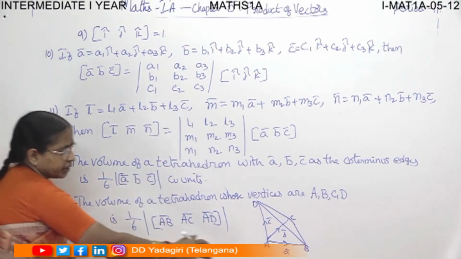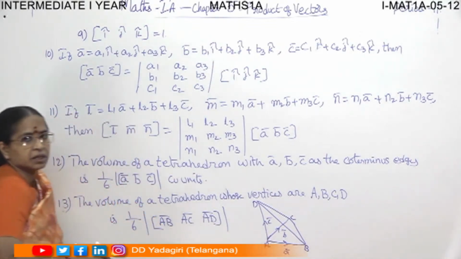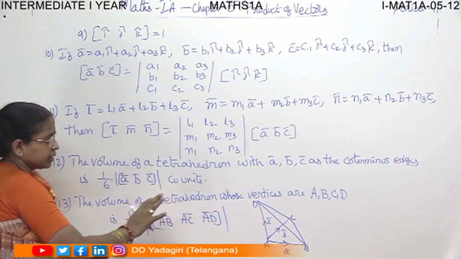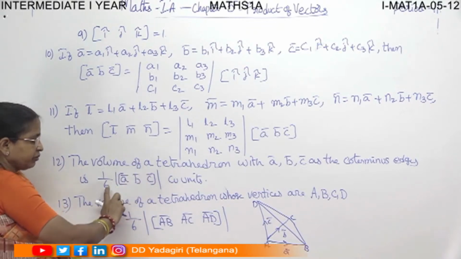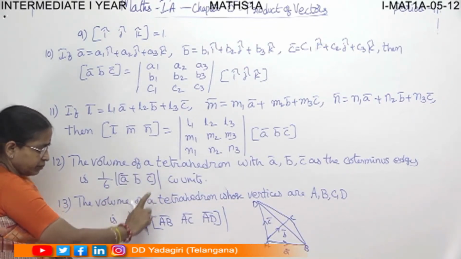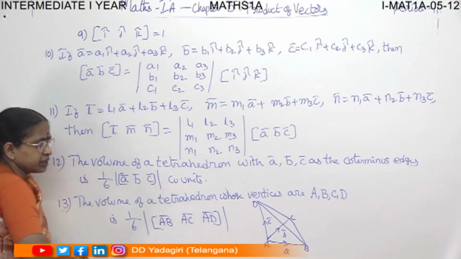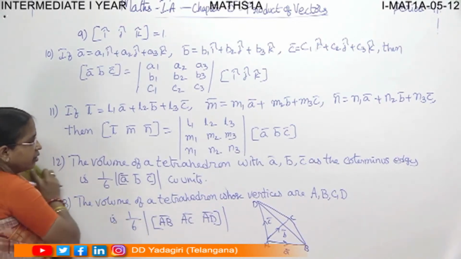Then the volume of a tetrahedron, as you know, the tetrahedron is a solid which has all sides as triangles. So the volume of a tetrahedron is 1/6 box ABC, if you are given the vertices.